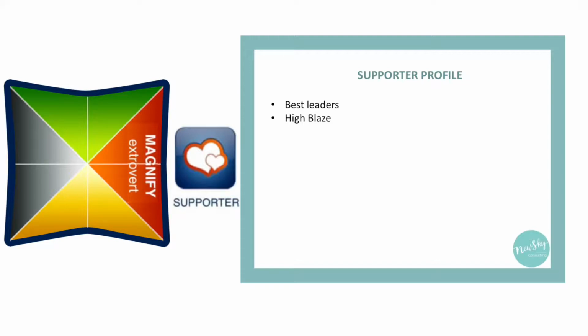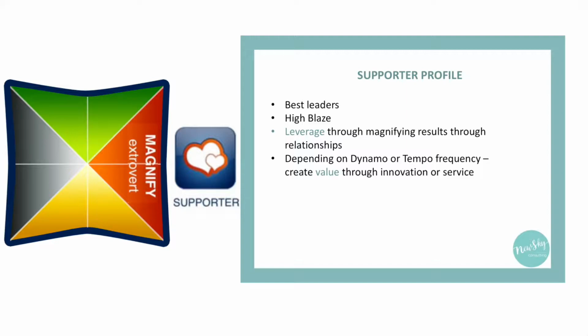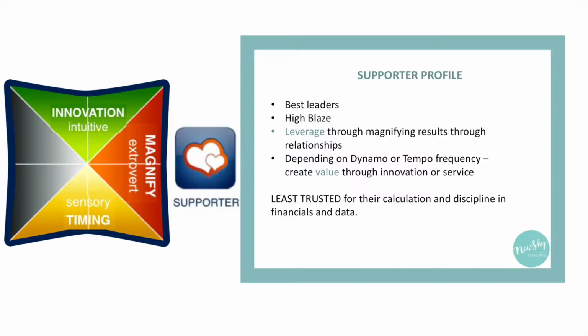And when they're in flow, they're trusted most for their communication and their respect in the team. And depending on whether they have more dynamo or tempo frequency, they will most naturally create their value through innovation or service. What they're least trusted for is their calculation and discipline in financials and data.